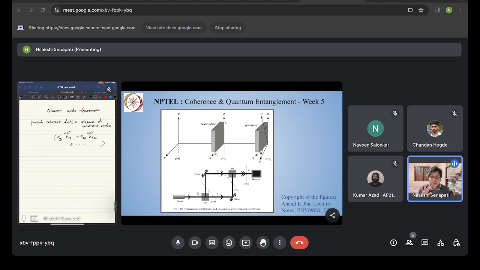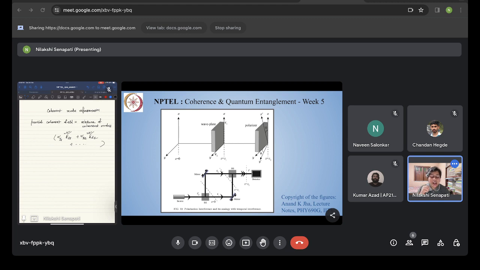So it can be done for a finite dimensional basis as well as an infinite dimensional basis. Why am I talking about finite and infinite dimensional bases? Because I have already told you that the spatial, temporal, and angular or OAM degrees of freedom are infinite dimensional bases, whereas the polarization degree of freedom is a two-dimensional basis, which is finite dimensional.